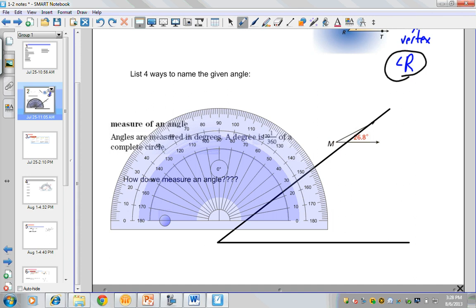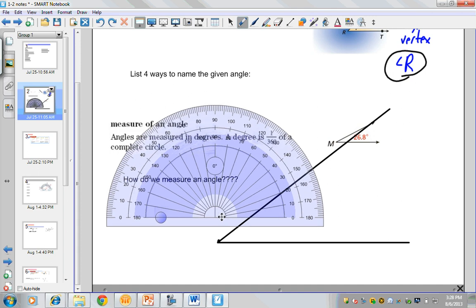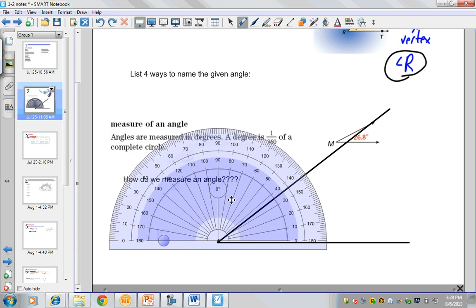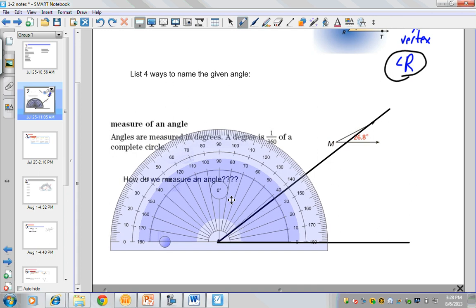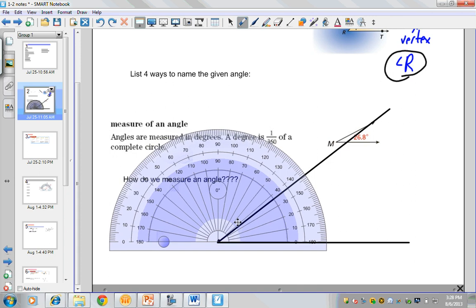That is where you are going to put the crosshairs of the protractor, and the crosshairs is where I am highlighting it or going over with my mouse, which is right there. So you are going to actually line up and put the crosshairs right at the vertex of the angle.